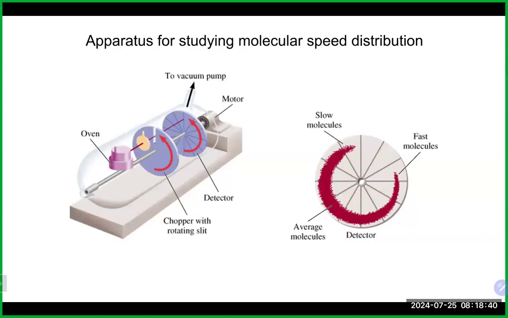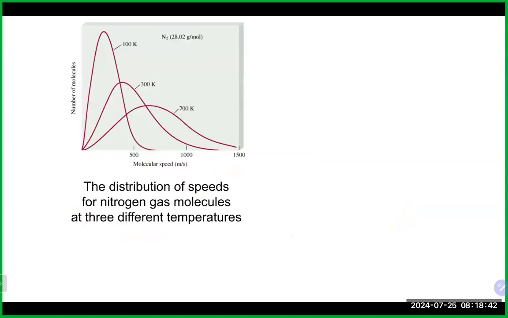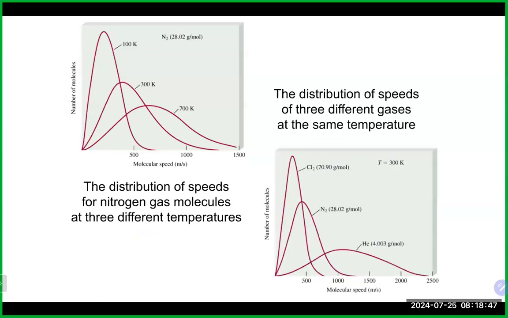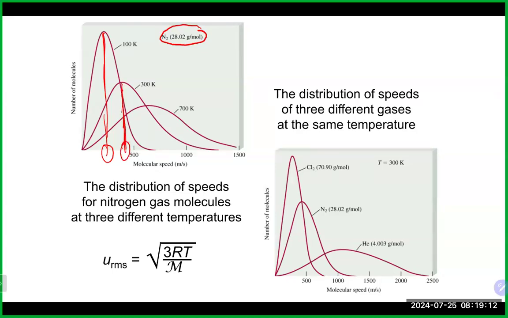So let's talk a little bit about gases and speeds. When we look at a couple of these graphs, we see a couple of situations. On the top left graph is nitrogen gas at different temperatures. At 100 Kelvin, the vast majority of the molecules are running at about that speed. At 300, a good majority of the molecules are running at that speed.